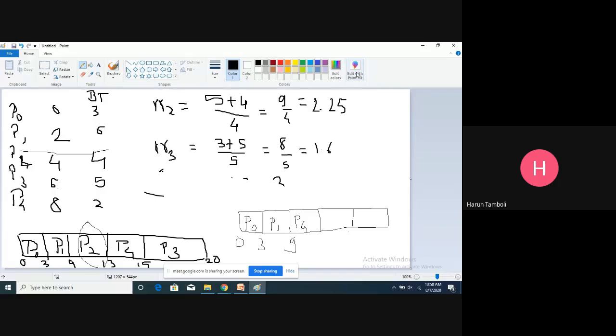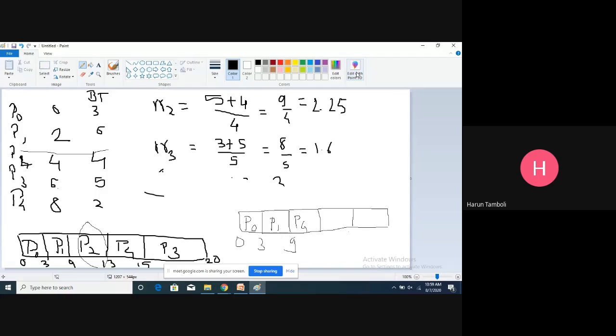Similarly, calculate response ratio for P3. So first take the waiting time 9 minus 6, it is 3. So (3 plus burst time 5) divided by 5, 8 by 5, that is equal to 1.6.